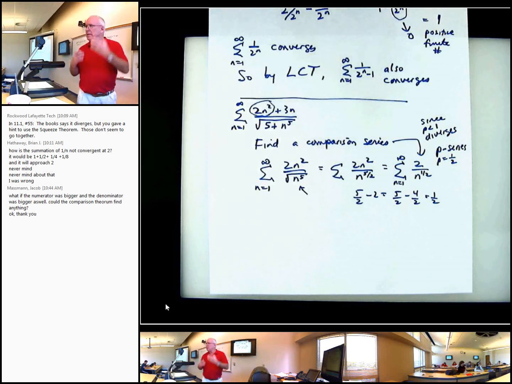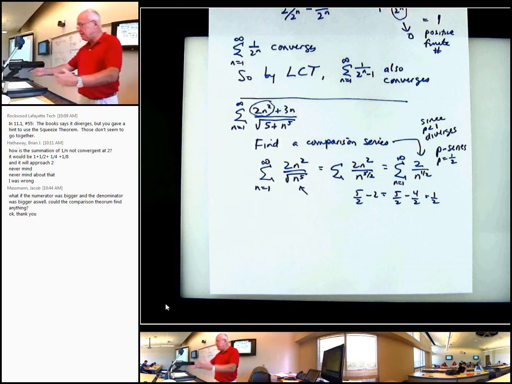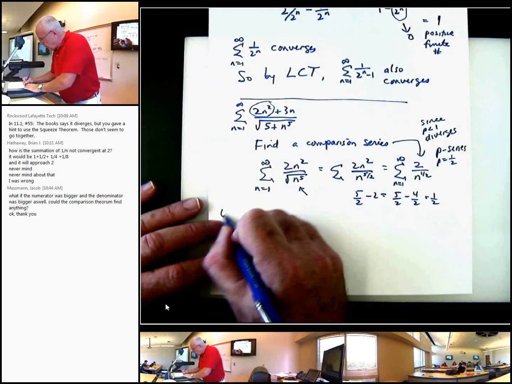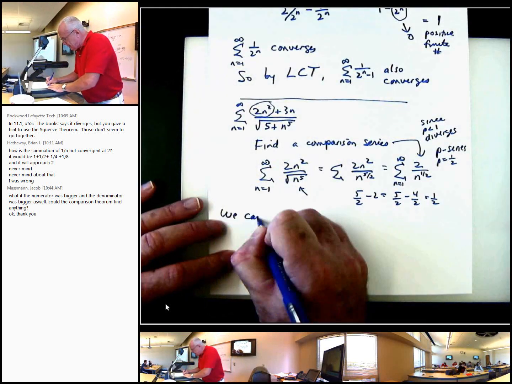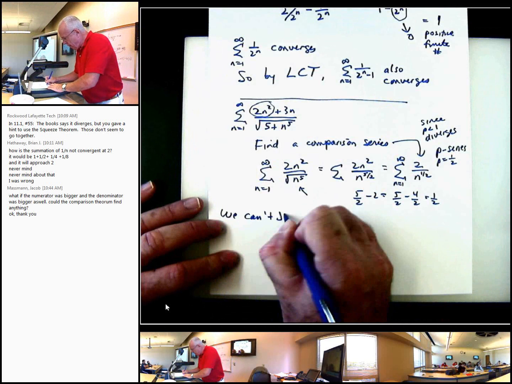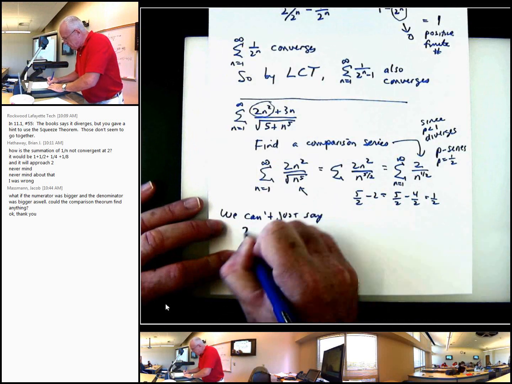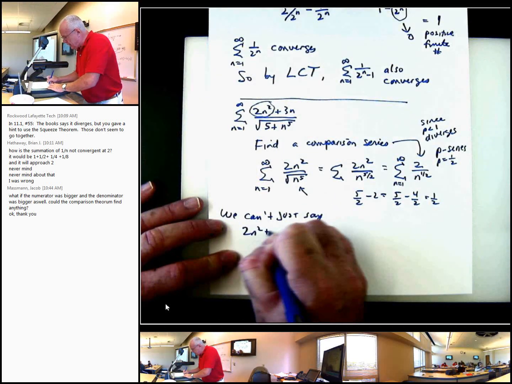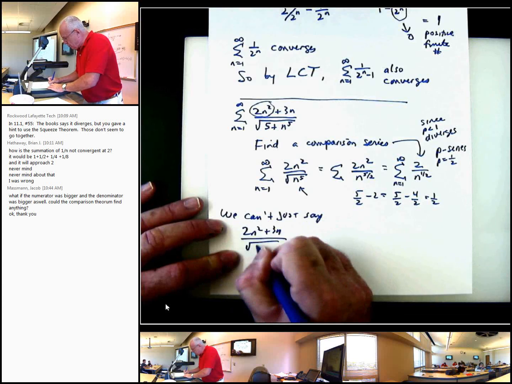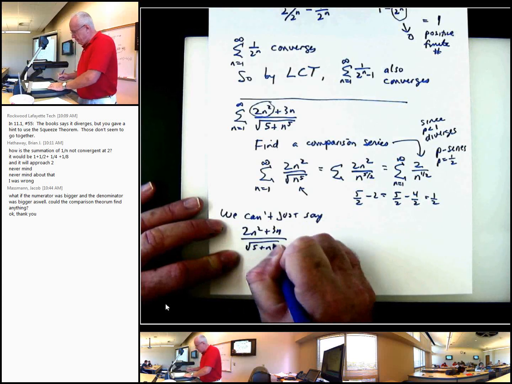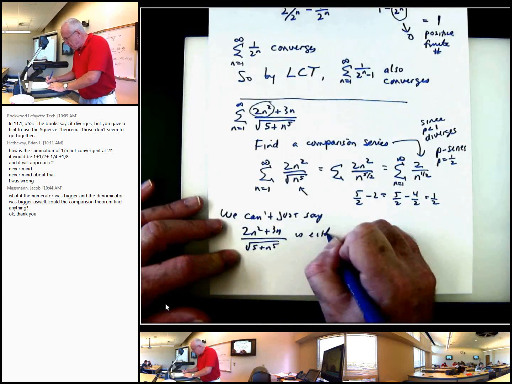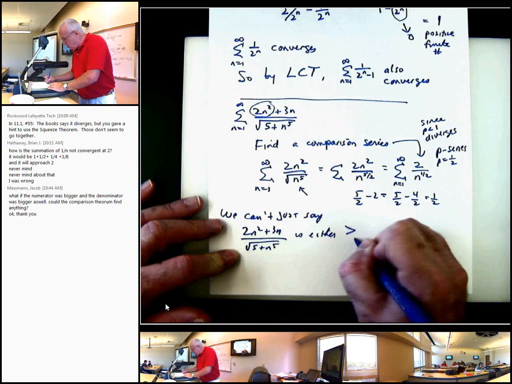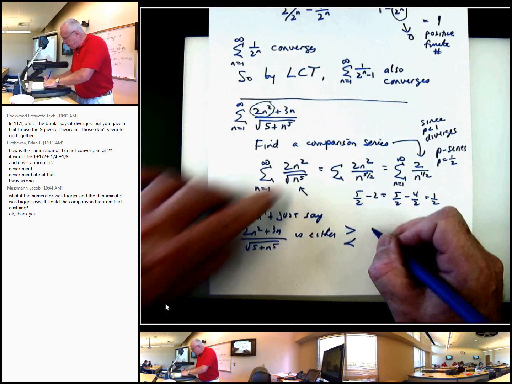Do we see that we can't just say that 2n squared plus 3n over the square root of 5 plus n to the 5th is either bigger than or less than our comparison series?